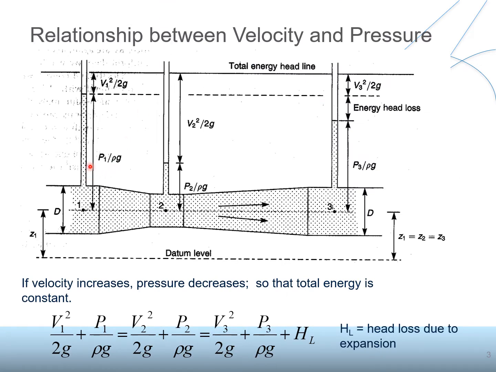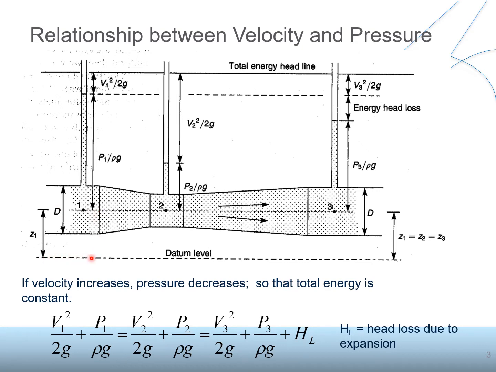Now the figure here shows the energy of constricted and expanded pipe area. So this normal pipe area, it is constricted here, and then again it is expanded and goes back to the normal. The total energy at any section is the summation of velocity, pressure, and elevation head. So at section 1, it is the summation of elevation head.